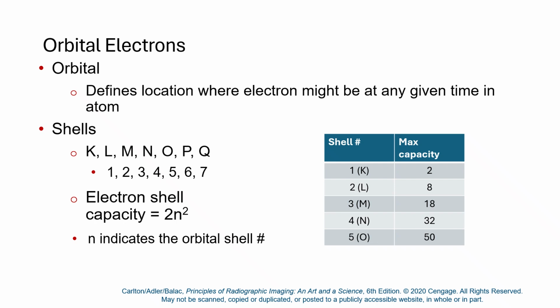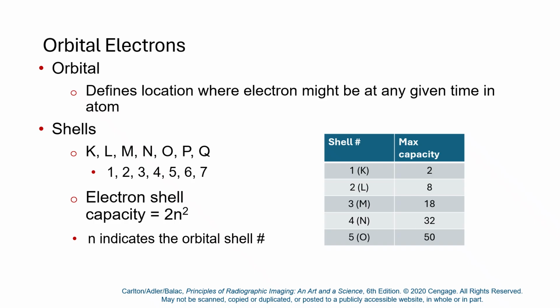However, there is a follow-up rule dealing with the outer shell, and so that one supersedes this rule. So max capacity of the first shell, which we have named the K shell, is 2n squared, where n equals 1. 1 squared is 1 times 2 is 2. So I can put 2 electrons in the K shell and then it's full.